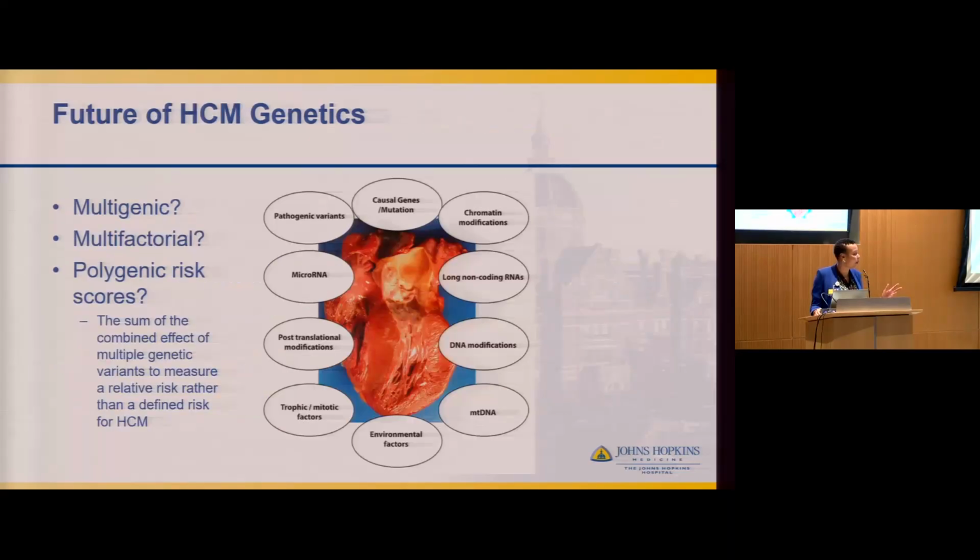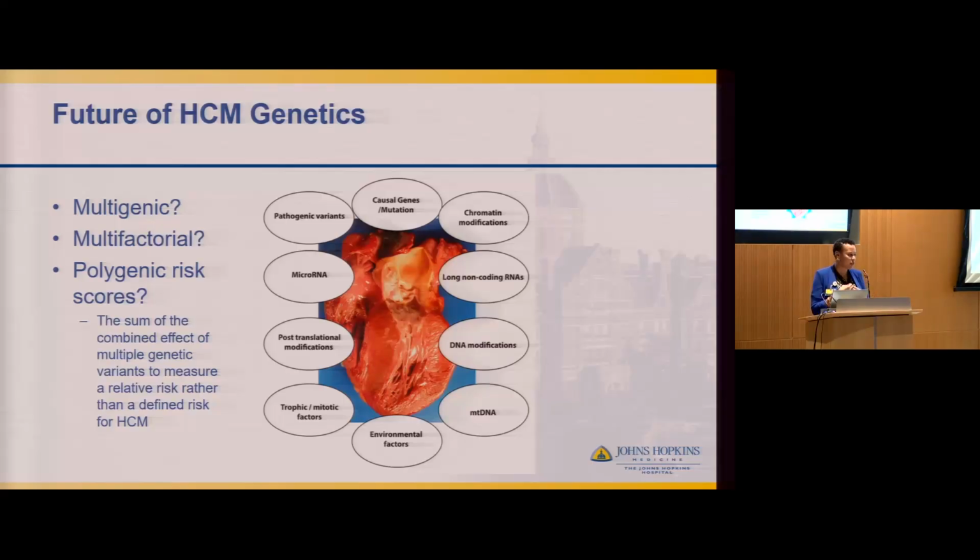So, finishing up here, the future of HCM genetics. I talked about how we are in this zone of single gene mutation testing, and that's where we've been able to do a lot of our diagnostic testing. We do know that it's not always so simple when it comes to HCM. There are a lot of multigenic causes and factors. Environment can play into that as well.